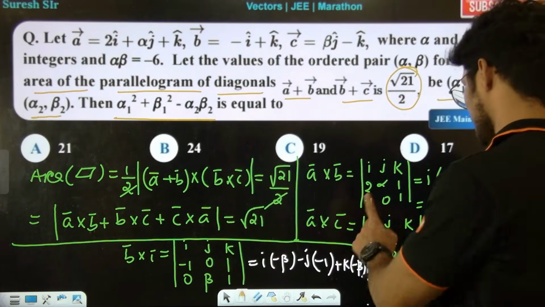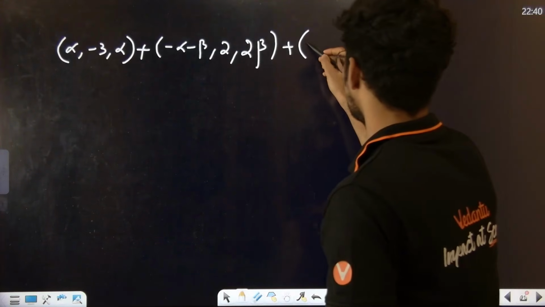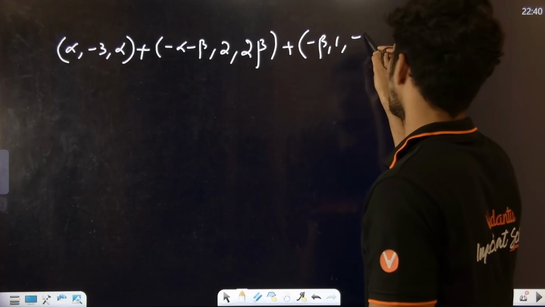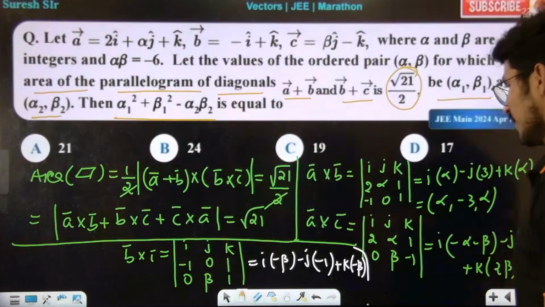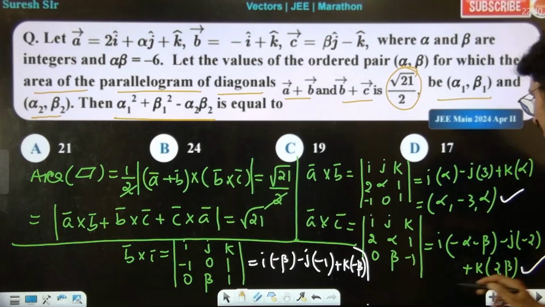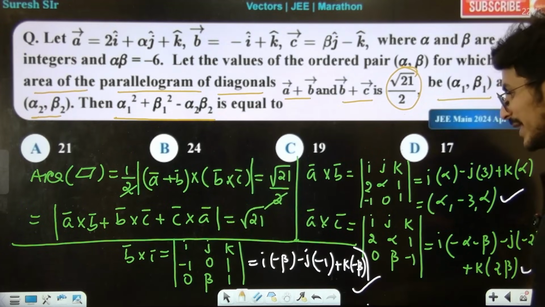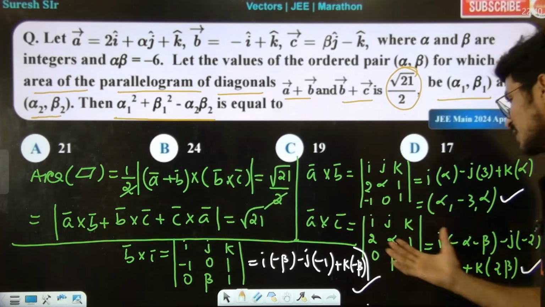Minus beta plus 1 minus beta plus 1 minus beta. Check. This is what we are adding. We are adding this one and this one, Rababu. Simple. I am not doing anything, rocket science here. This plus this.